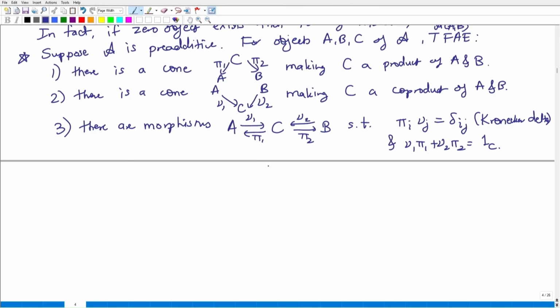And when you start from C and do both circles, now you have two different maps. You simply take the sum of them, which you can do because Hom(C, C) is an abelian group. So you take the sum, you will get back the identity. This is what we are trying to say here. And these three conditions are equivalent.